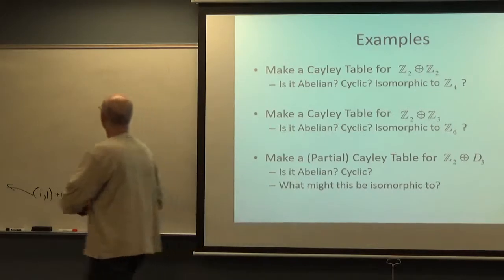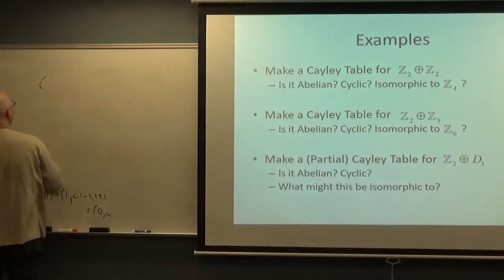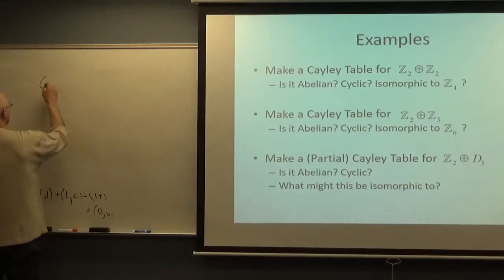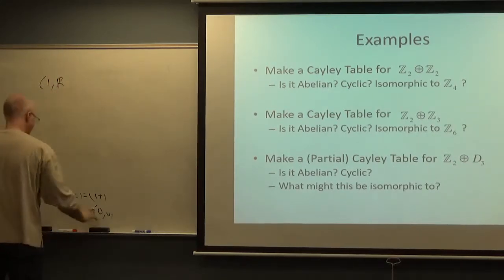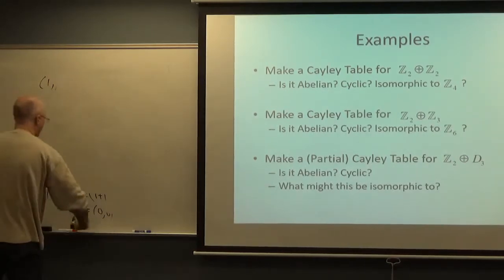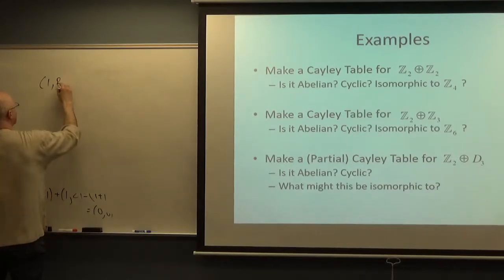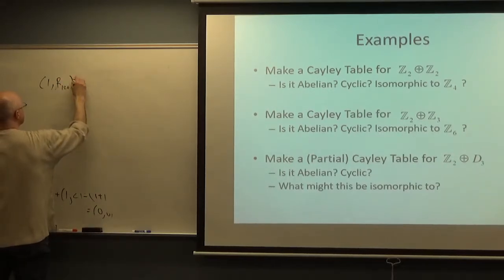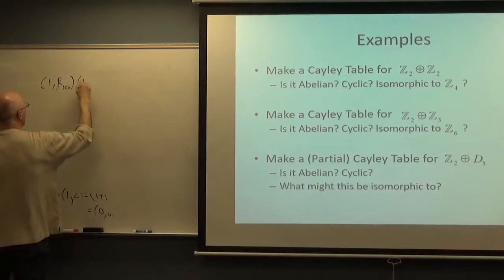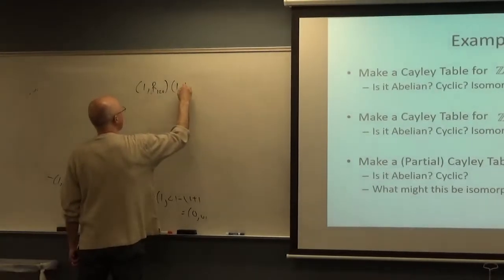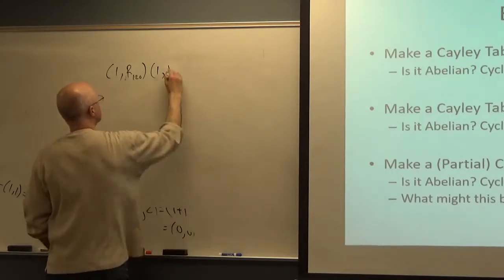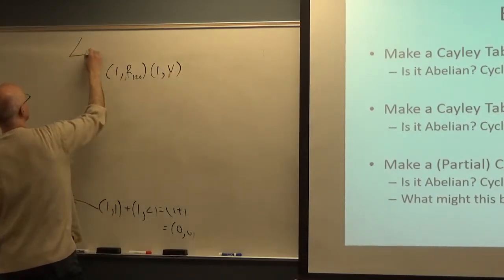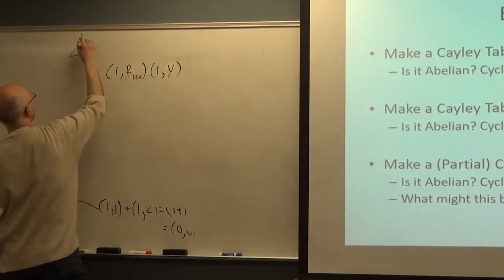So when I combine 2 elements from this group, for example, (1, R120), say, with (1, V), V being the reflection across the vertical.